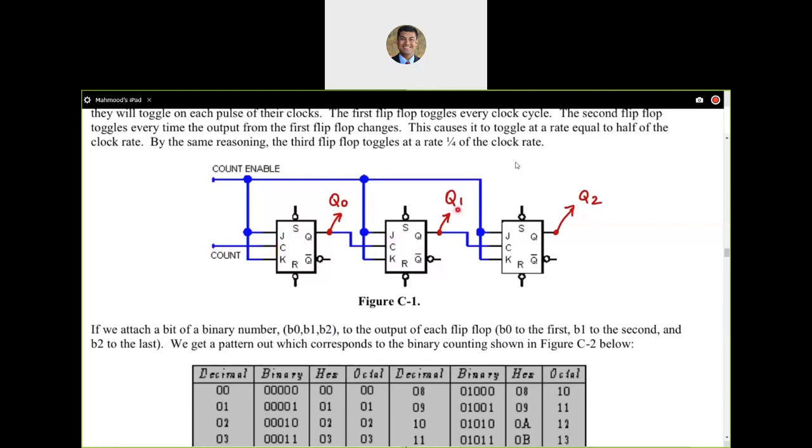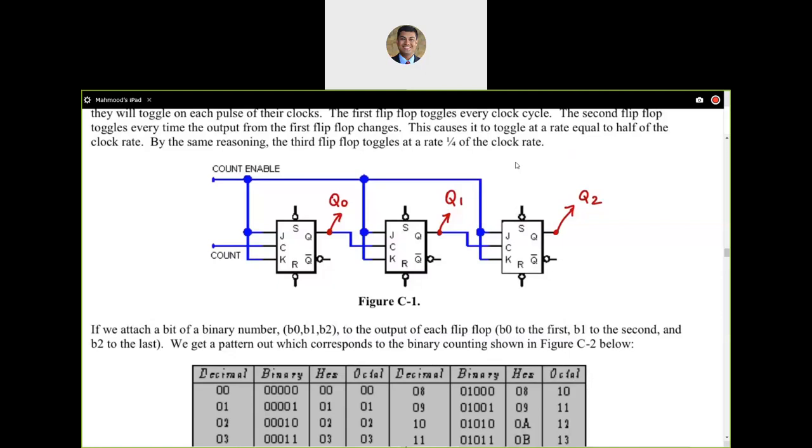Q1 will change slower compared to Q0, because only when Q0 changes will it have the ability to trigger the middle flip-flop. So Q1 is more significant than Q0, and Q2 similarly is more significant than Q1. It changes slower compared to Q1, and hence the significance.